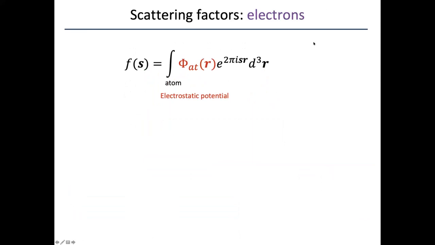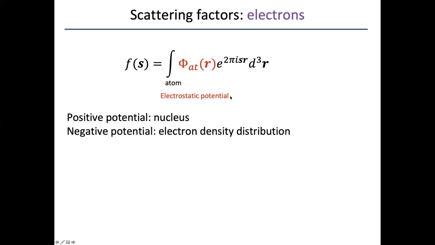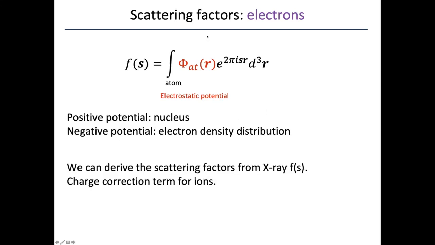And here the principal contribution to scattering is due to the interaction of the electrons with the electrostatic potential of the sample. So we have a positive potential from the nucleus and a negative potential from the electron density distribution. So the scattering factors of electrons are basically kind of related to those from X-ray. And we can actually derive the scattering factors for electrons from the X-ray scattering factors.